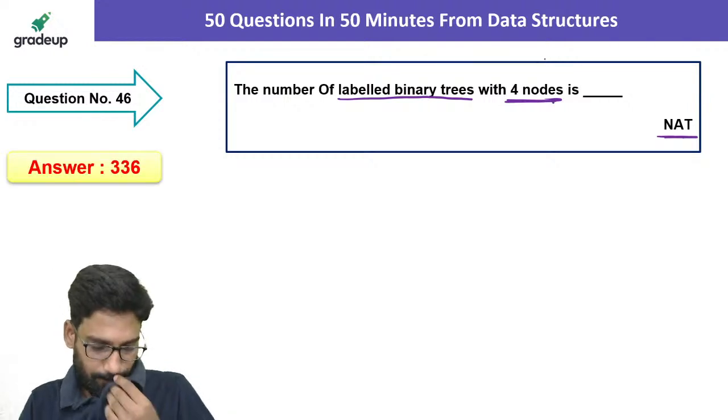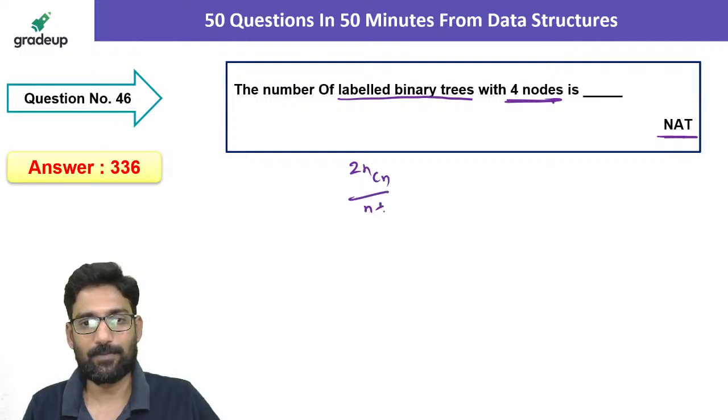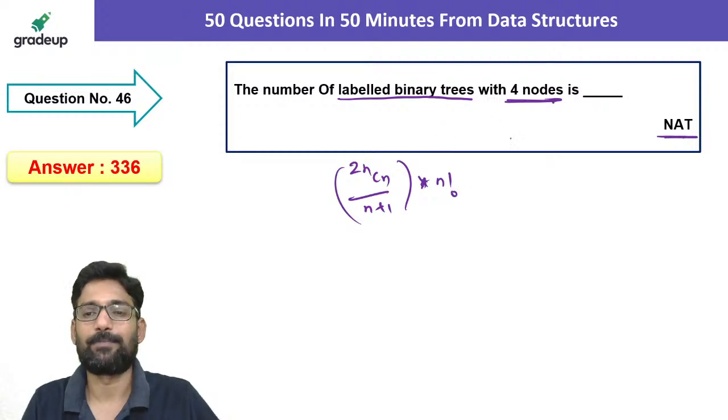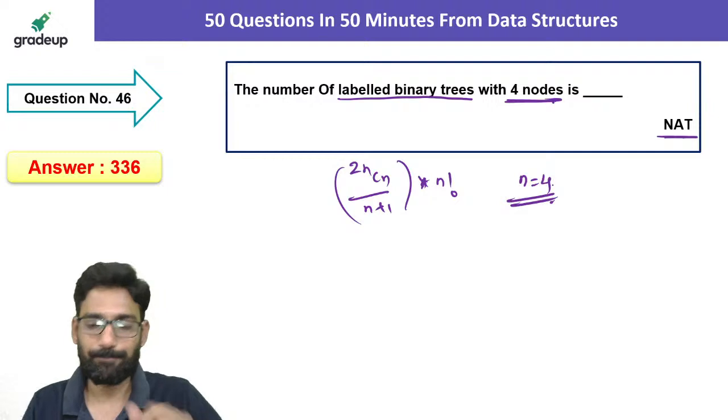Yes, it is 2n C n by n plus 1, whole into n factorial. Here just substitute n with 4, you will get the answer. Okay? Next question.